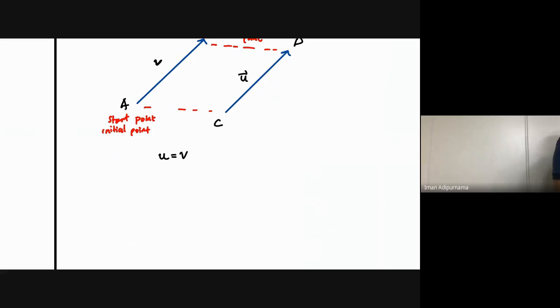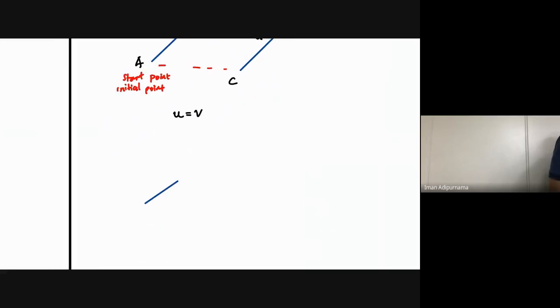And if we are having the directions, like let's say we have A and then to B, and then we are moving one more time to C. This is the arrow, the directions.